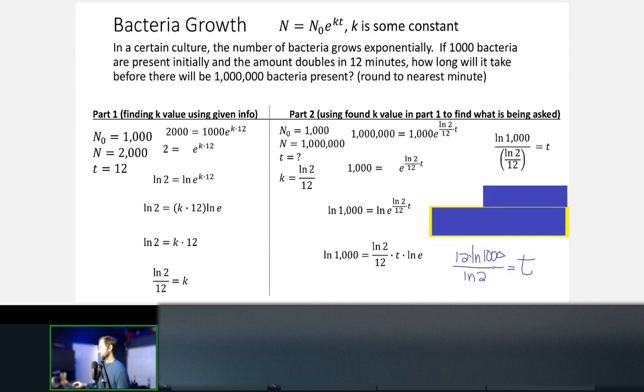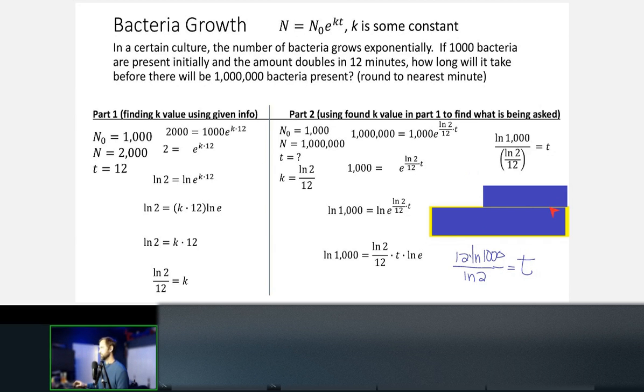So it's up to you if you want to just divide by the fraction and type this stuff in, or if you want to multiply both sides by the reciprocal to make it look like this, and then just type this in. Typing this in will get you the same answer. Don't believe me? Do it.